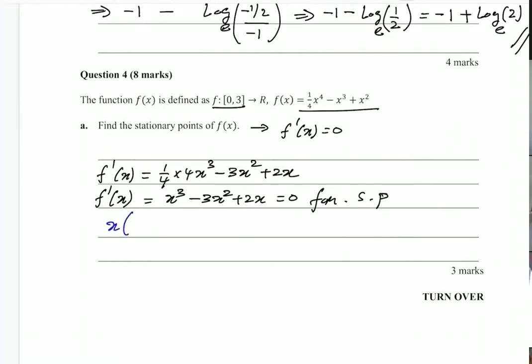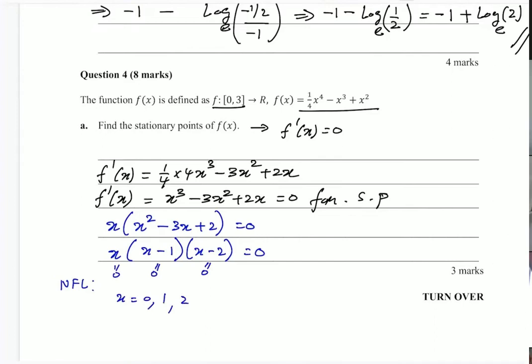Once you take x out, it's going to be x squared minus 3x plus 2 is equal to 0. So now this is in your hand, right? This is going to be x minus 1, x minus 2 is equal to 0. Now using the null factor law, this is going to be 0, this is going to be 0, this is going to be 0. So x is equal to 0, 1, and 2. Easy. 3 marks. Nailed.